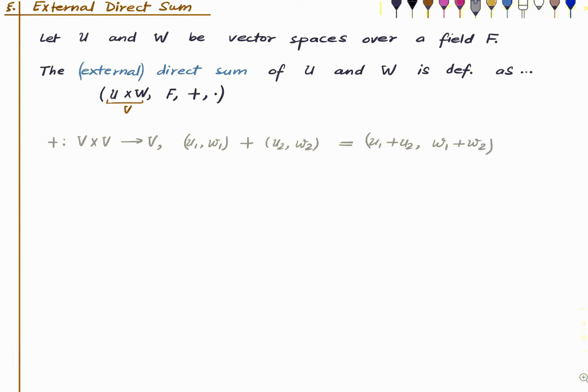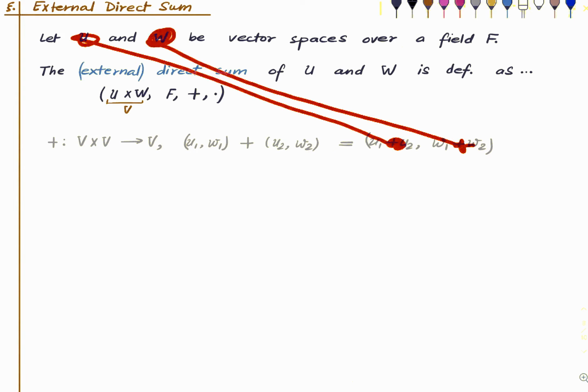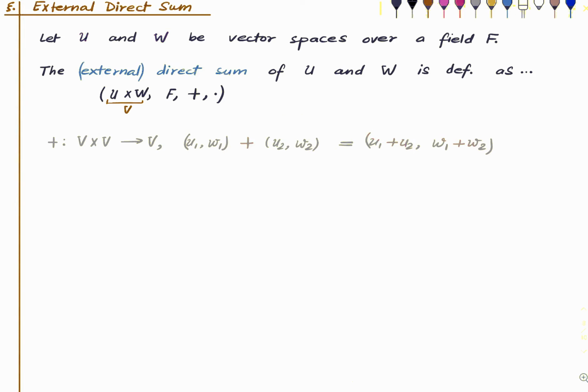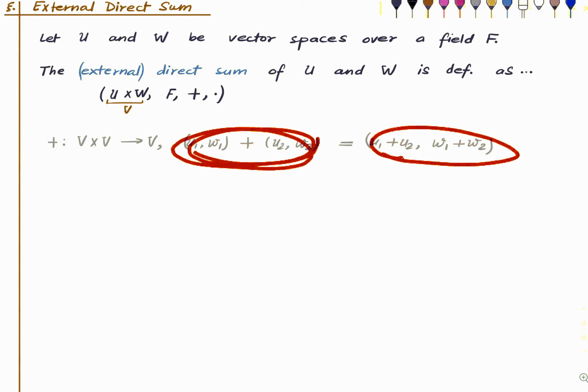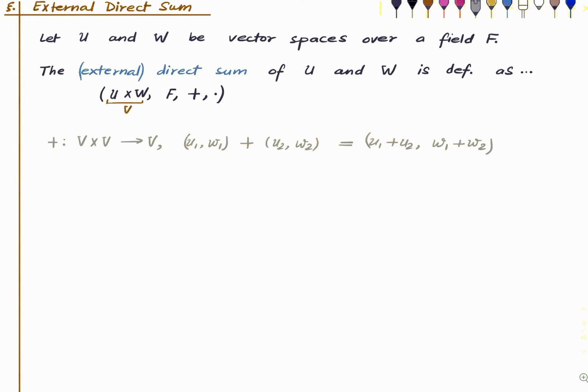Again, do not get confused. This plus is borrowed from the vector space structure of U, and this plus is borrowed from the vector space structure of W, and this plus is what we are defining. So this is defined to be equal to that, and scaling operation alpha (U, W) is defined in that way.